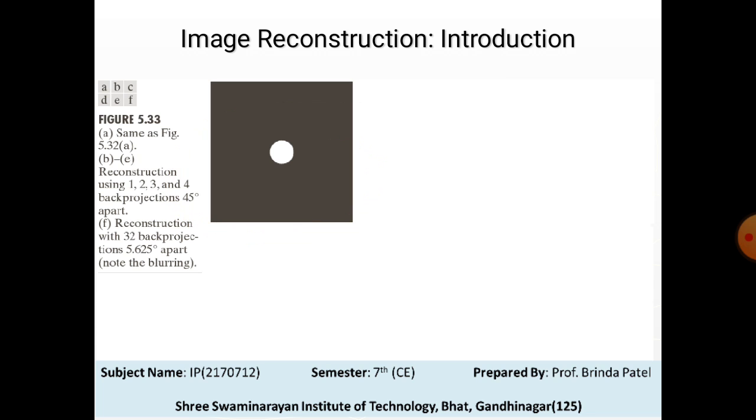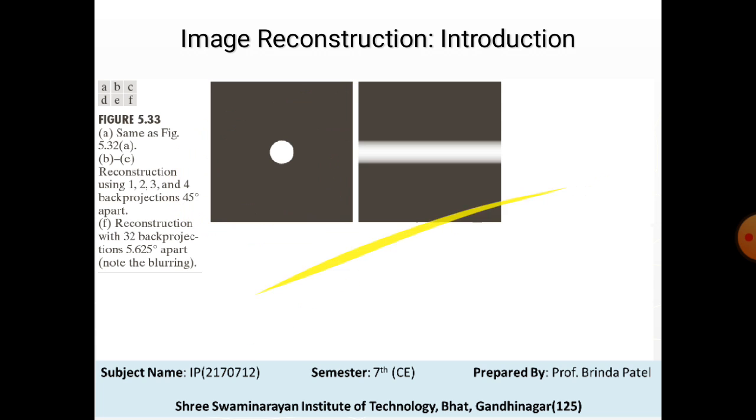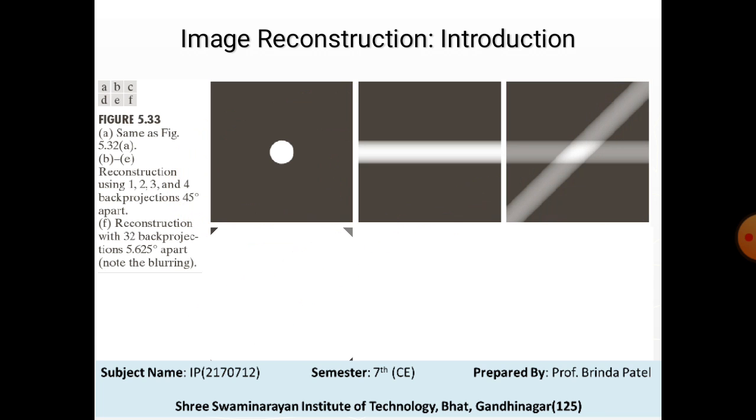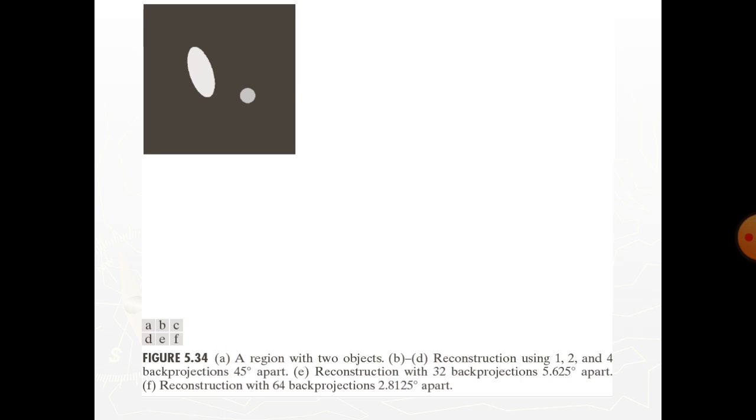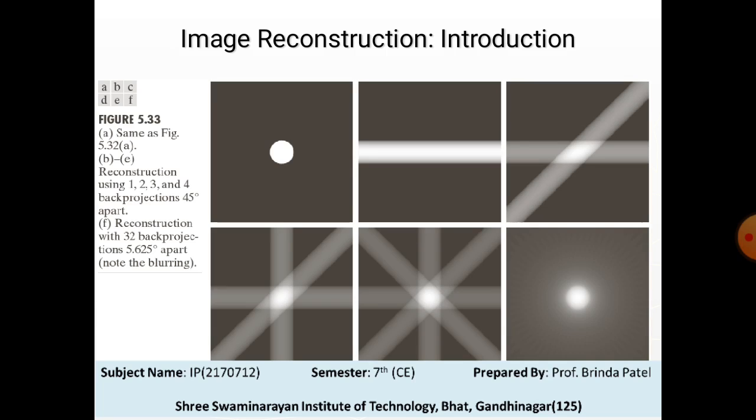So the net effect is that the brighter regions will dominate the result, and back projections with few or no intersection will fade into the background as the image is scaled. Here this image is formed from 32 projections, which is illustrated here.